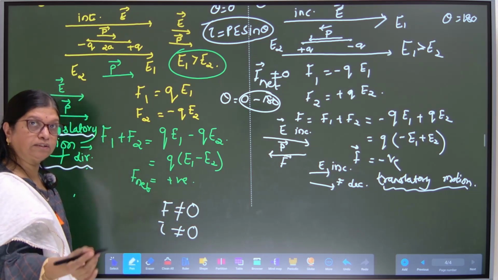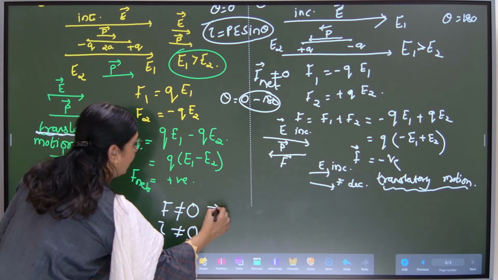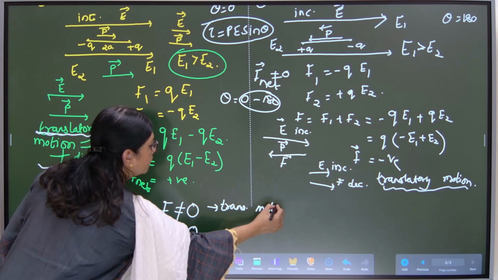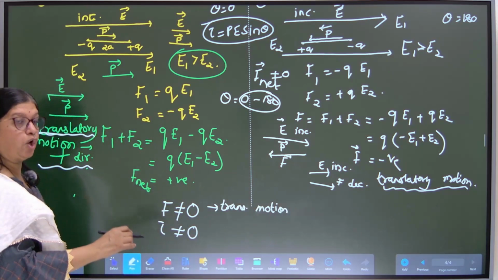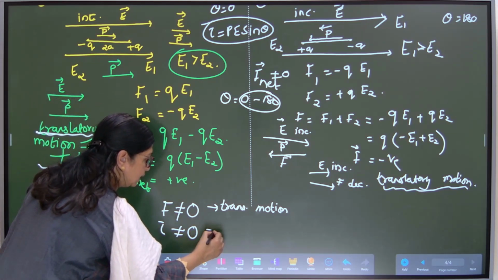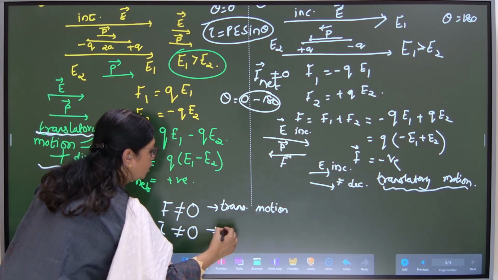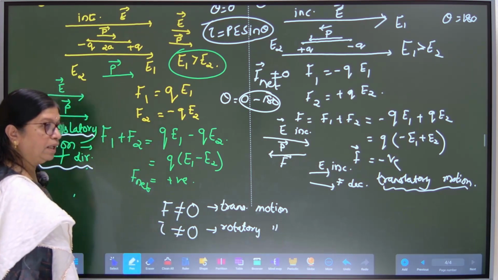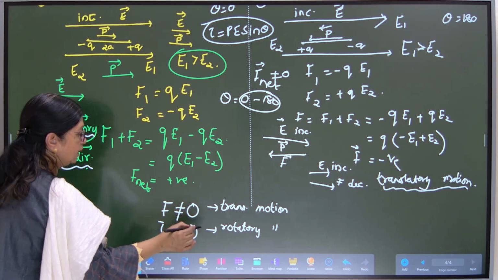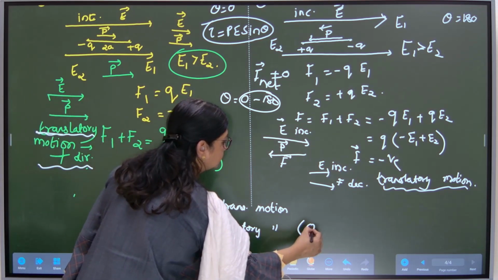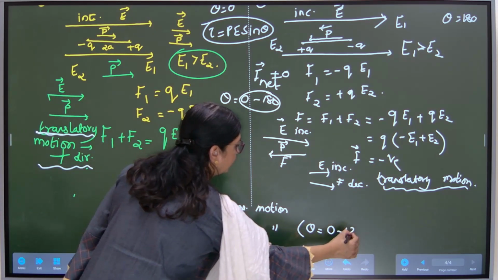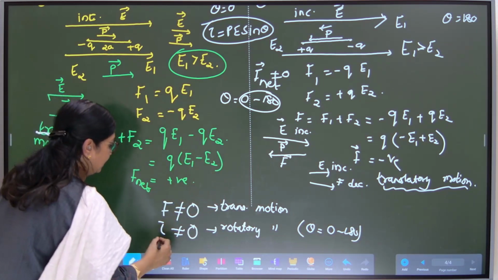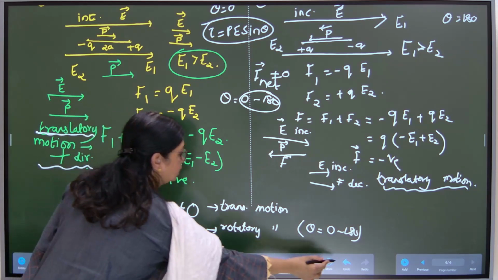Because force is non-zero, the dipole will have a translatory motion. Because the torque is non-zero, the dipole will have rotatory motion also, provided theta is between 0 and 180. If theta is 0 or 180, then tau is equal to 0.